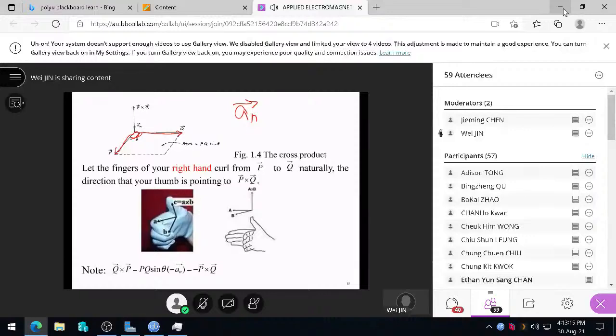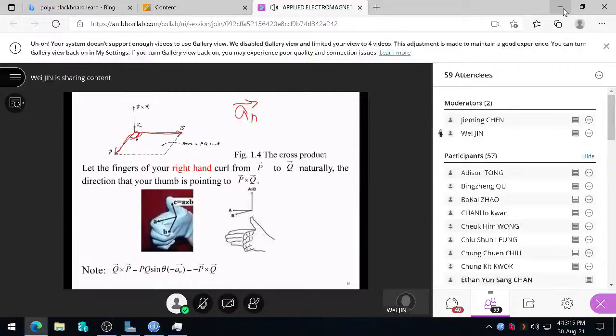Now here, I use one example to show you how to do the calculation. These are two vectors, vector A has 3 components, vector B has 3 components. For A cross B, in the first row you put in the 3 unit vectors.